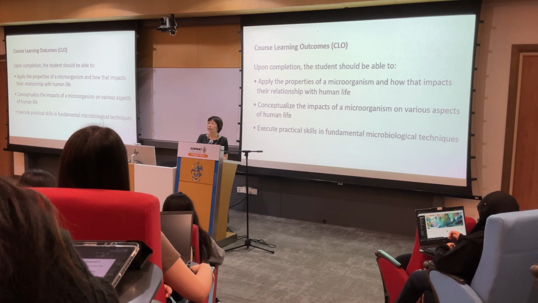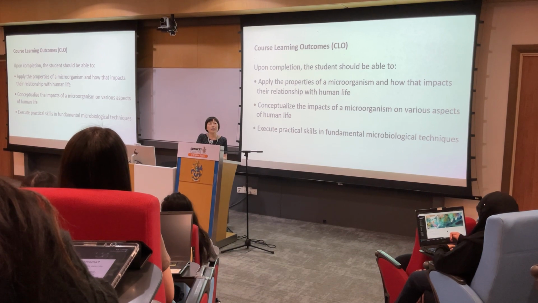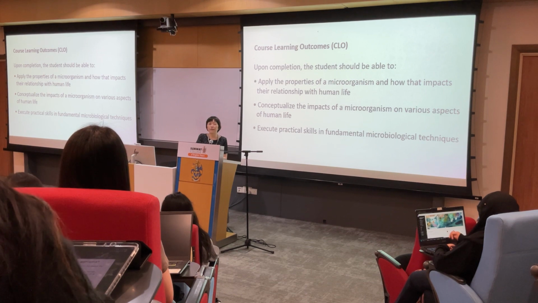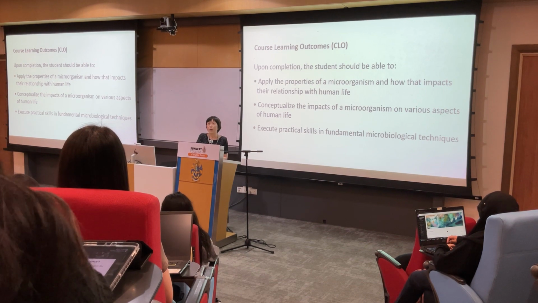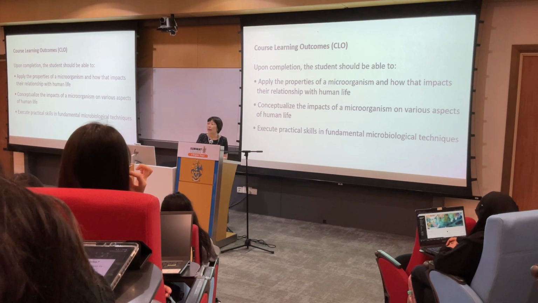I think over the last several decades, maybe like 50 years ago, people were just trying to understand what a microbe is and what impact microbes have on our health. But now we are not only focused on that, we also need to utilize them: what kind of microbe we can use to solve our problems.